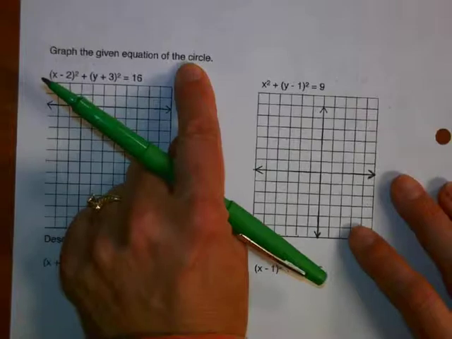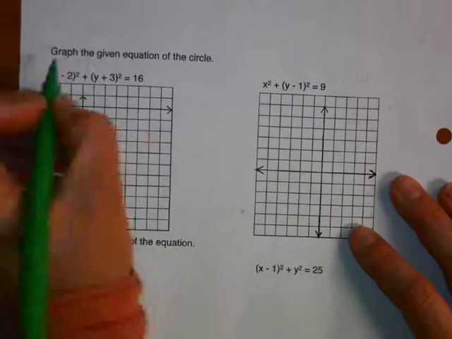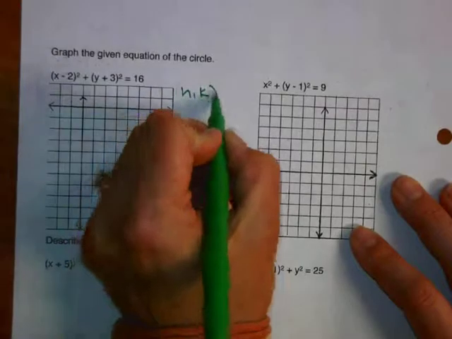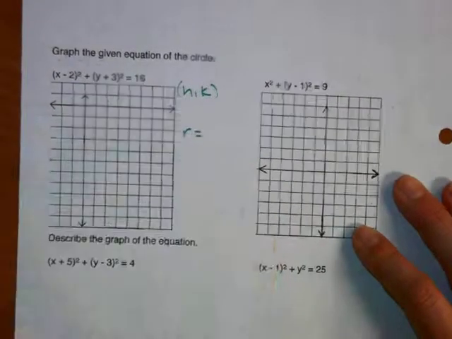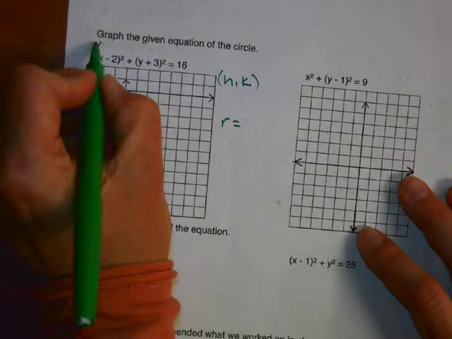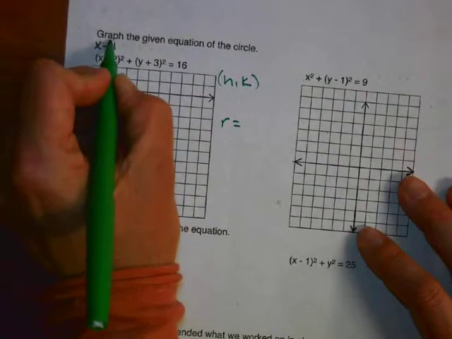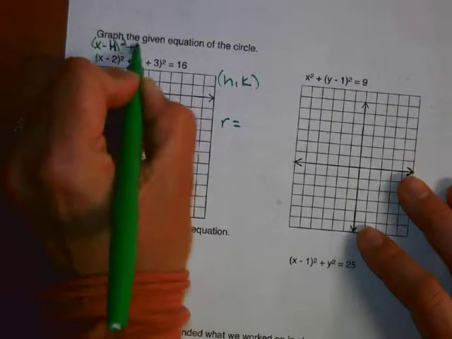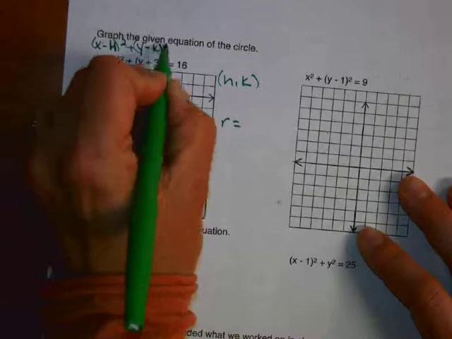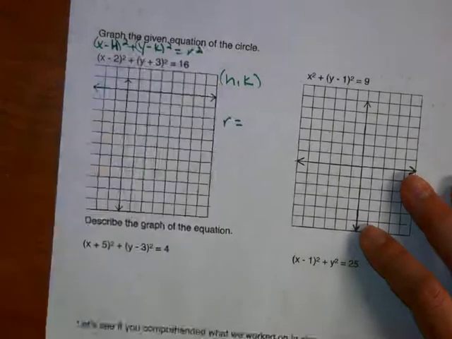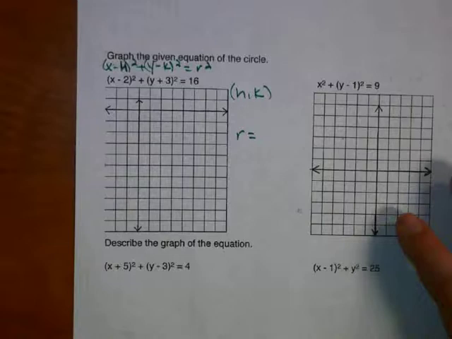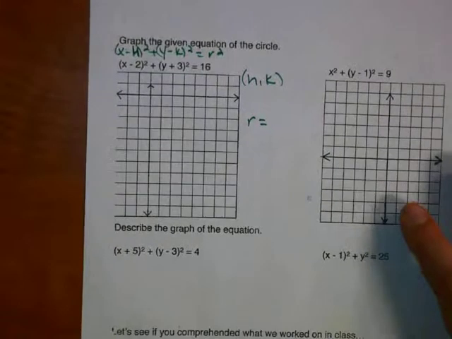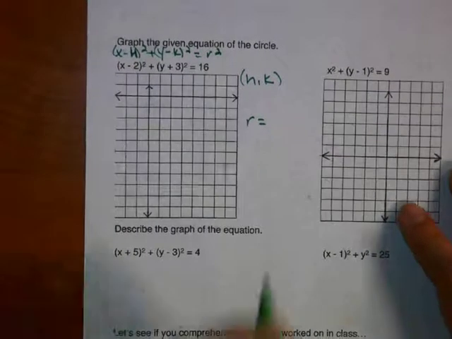So, graph the given equation of the circle. In order to do that, I need H, K, and R. So right above here, just to help me out, this is H. I'm writing the equation. You might not need to. Okay. So, what is my H?